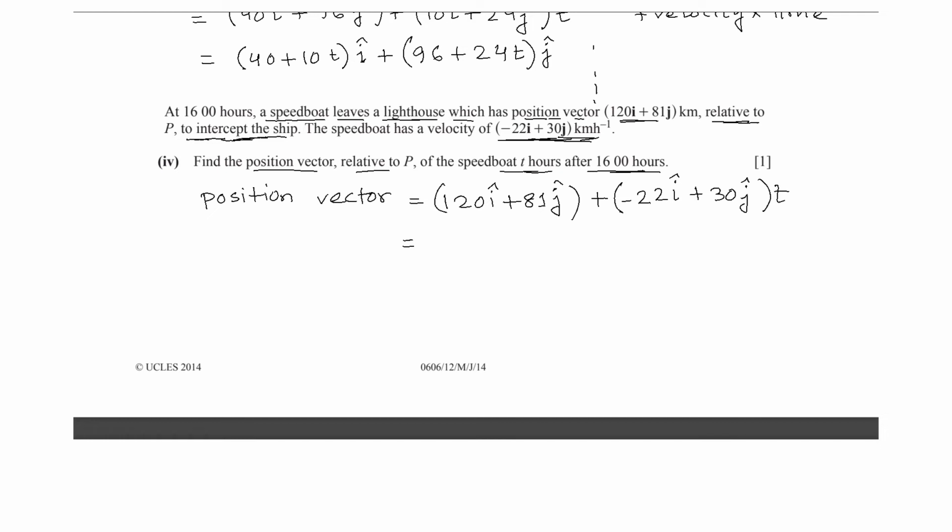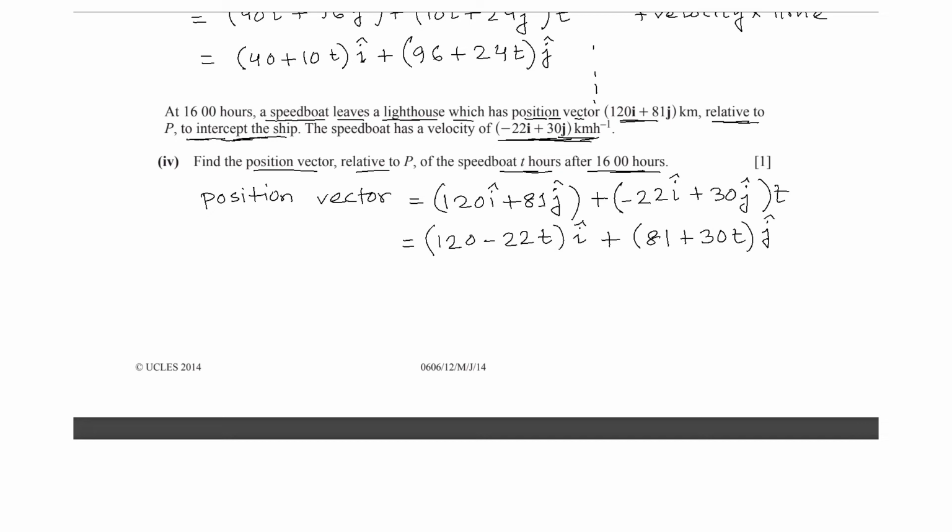Now let's write the i components together. So we can write (120 minus 22t)i and then plus (81 plus 30t)j.